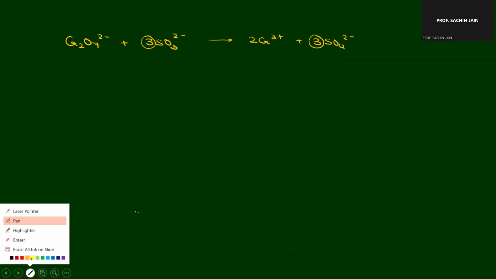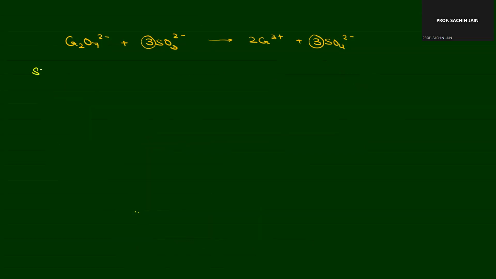Then after step number 3, step 4 is balancing the charges. Step 4 is charge balancing. For the charge balancing, you have to identify the total charge on left and right and balance it using the H plus ion if the medium is acidic, or via OH minus if the medium is basic.